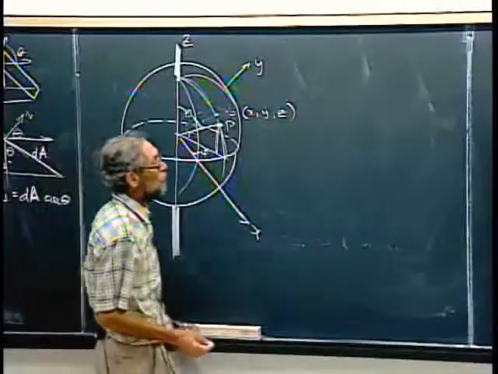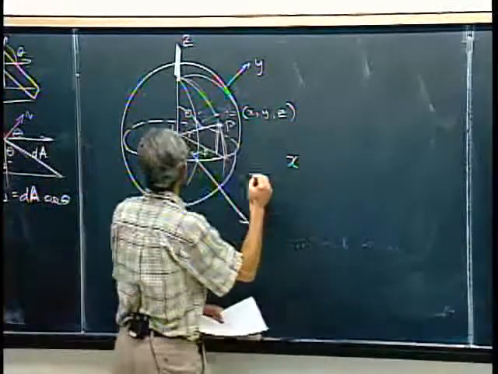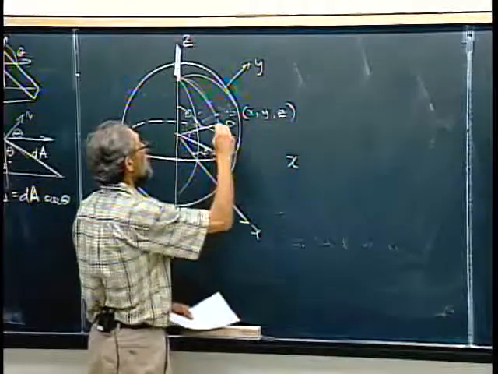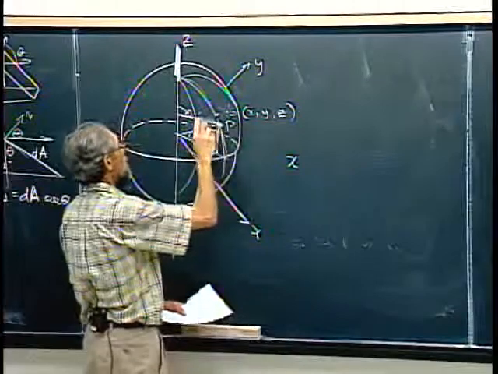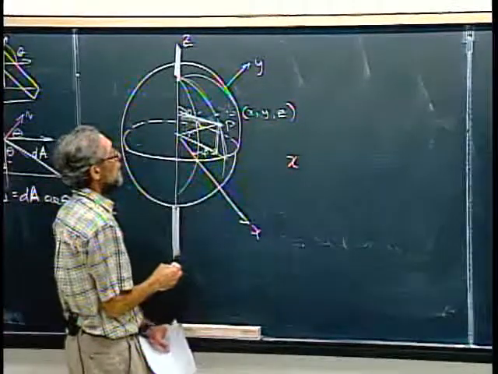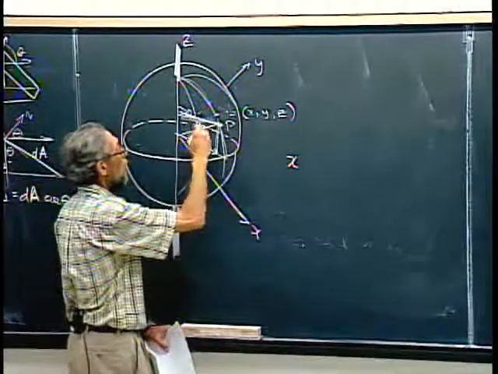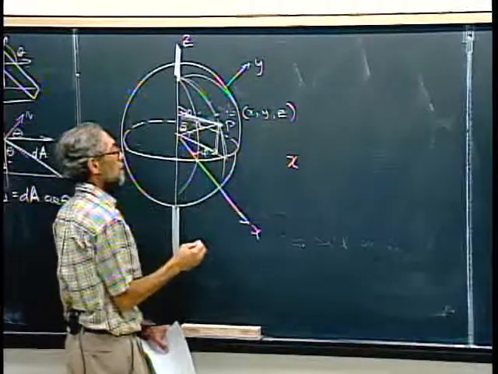And so we can have spherical coordinates. Basically, what we need to do to find the x and y is find the length of this vector. It's the same as the length of that vector if I draw it parallel here through this point P up to the axis. And this length is equal to r times cosine theta, right?